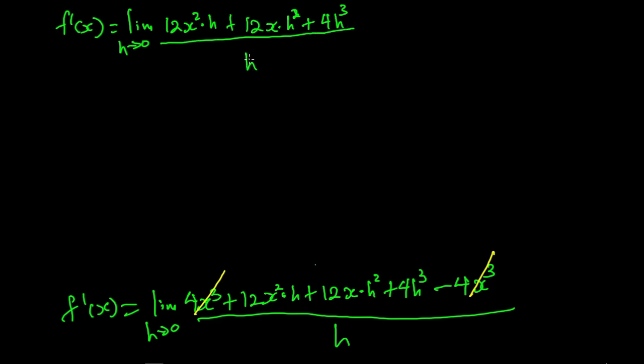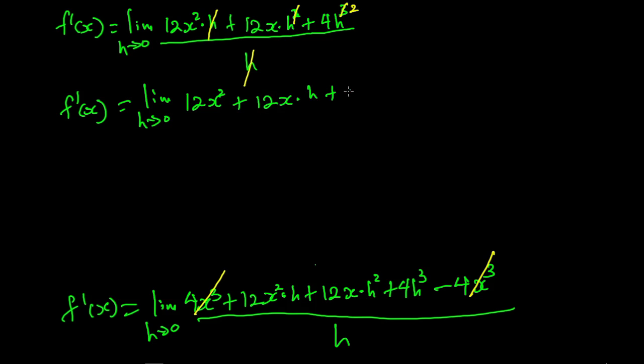Dividing through by h, this is going to go with this, this is going to go with this, and this will take 1 out of 3, so we'll be left with 2. So that means f prime of x, which is our derivative, is the limit as h approaches 0 of 12x squared plus 12x h plus 4h squared.